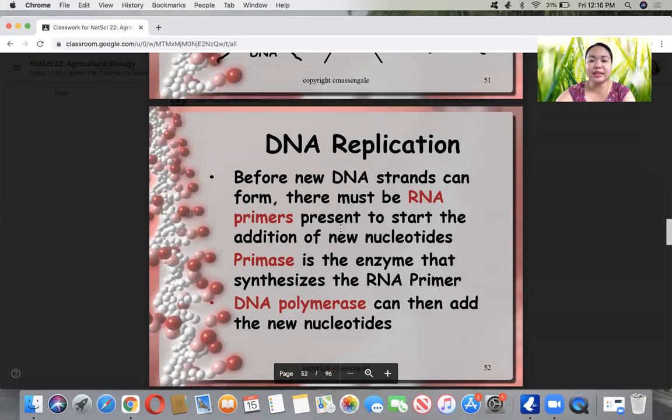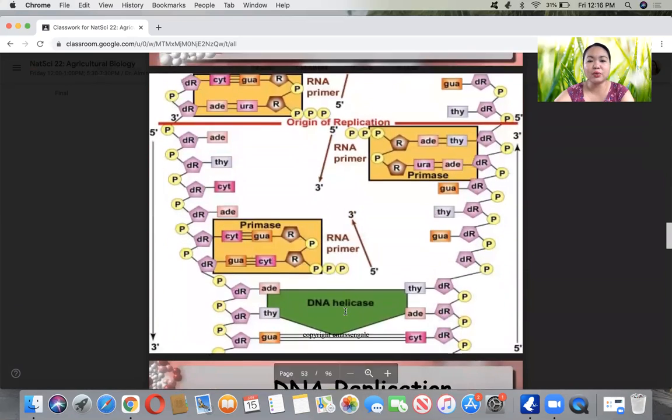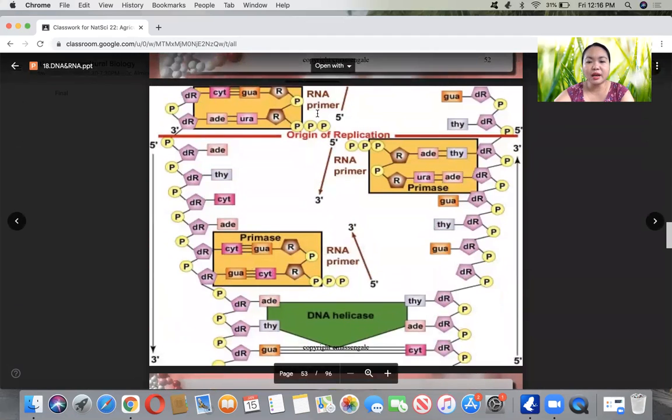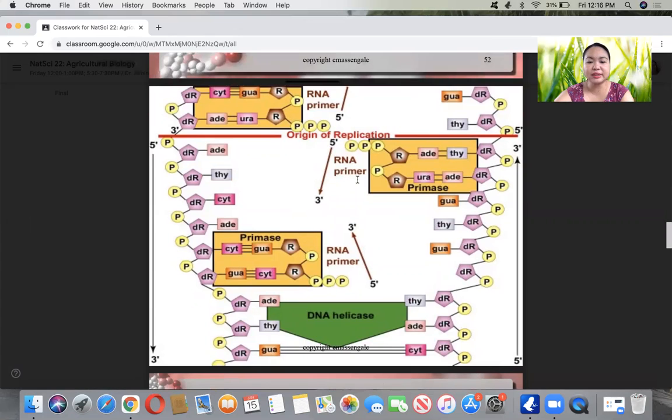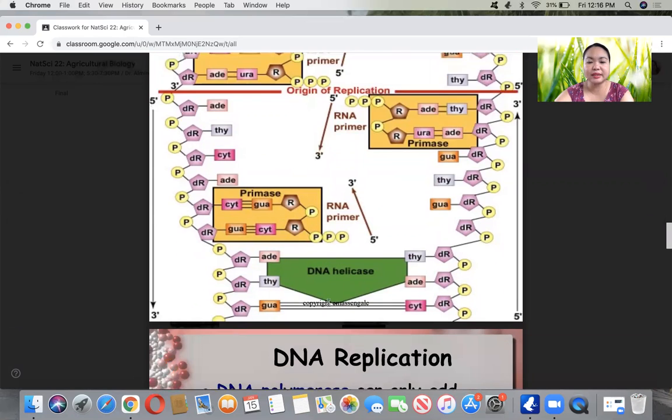Before the new DNA strands can form, there must be RNA primers present to start the addition of new nucleotides. Primase is the enzyme that synthesizes the RNA primer, and the DNA polymerase can then add the new nucleotides. So this is the RNA primer, where the origin of replication is, and in the center is the DNA helicase.